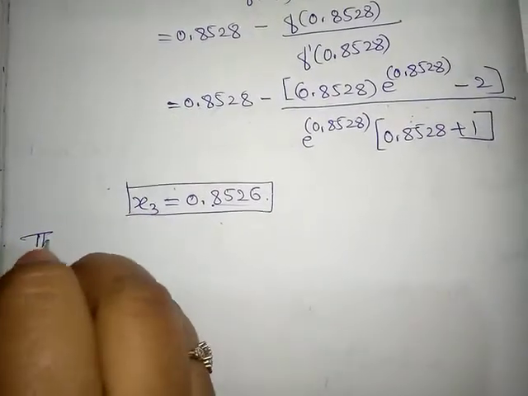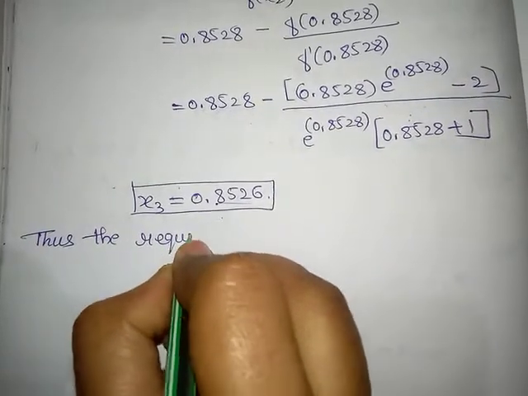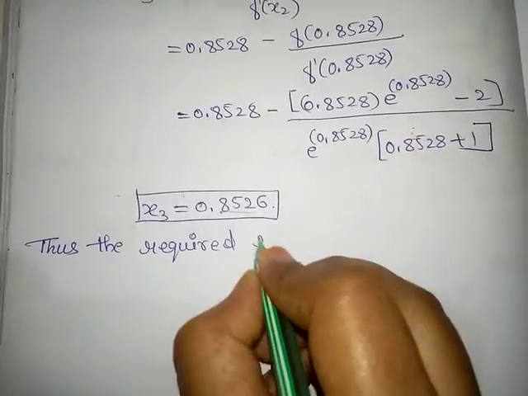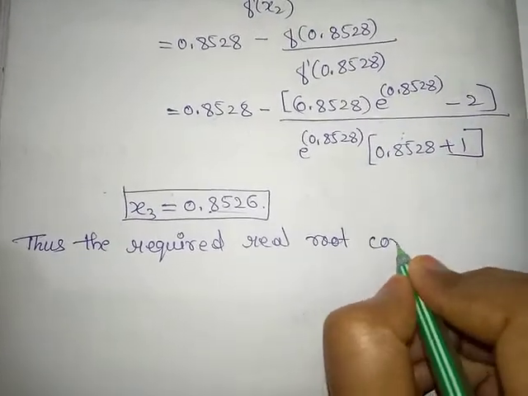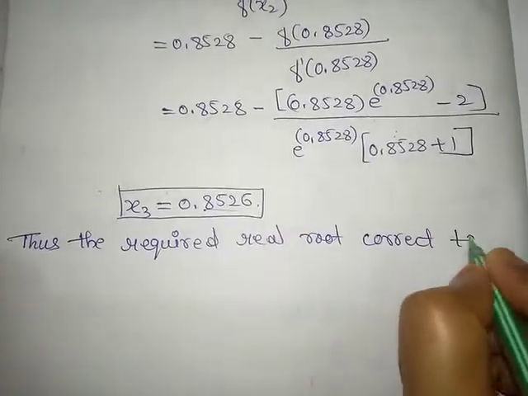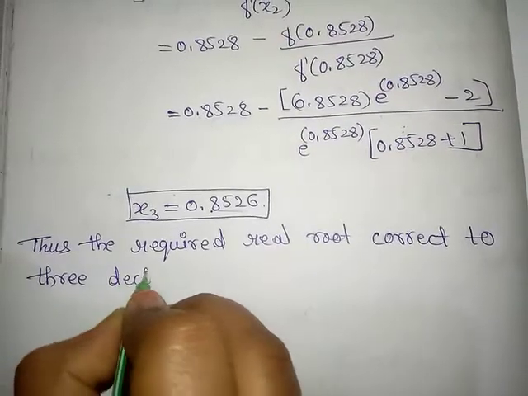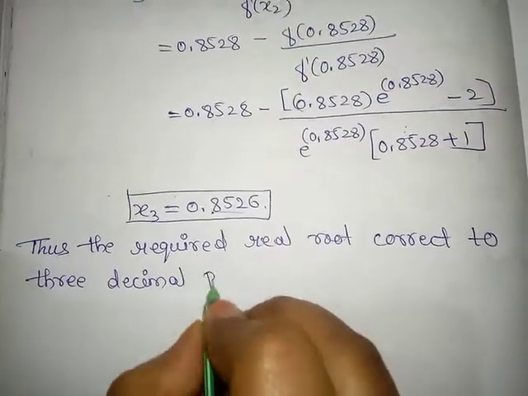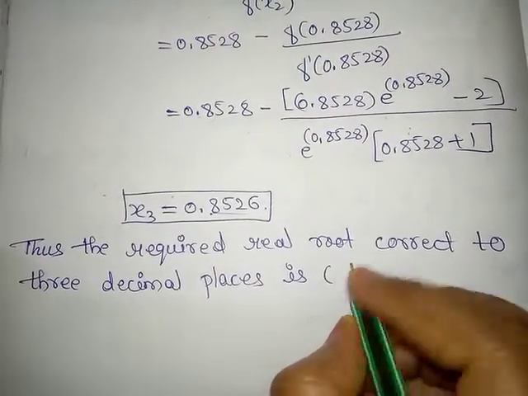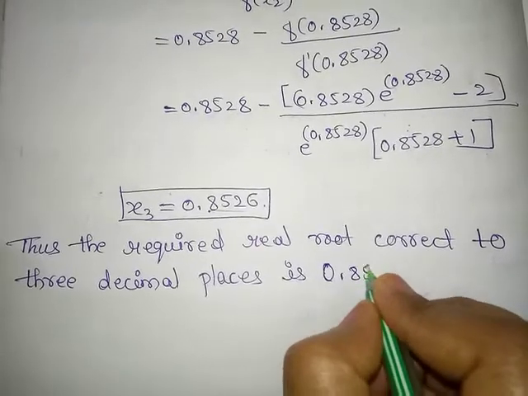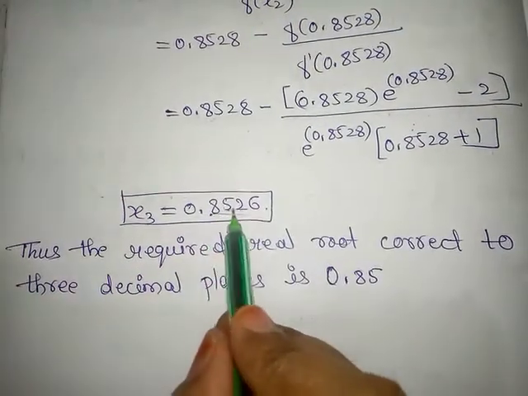Therefore, thus the required real root correct to 3 decimal places: x2 is 0.8528, x3 is 0.8526.